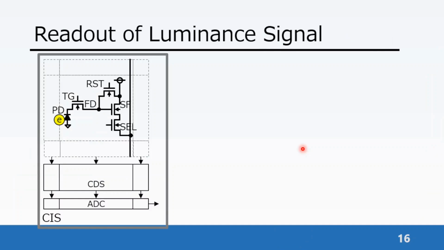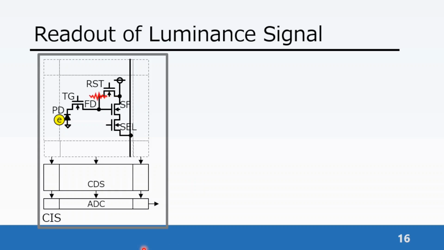Here, I'd like to explain how to read both the illuminate signal and reset noise. Typically, a CMOS image pixel consists of the photodiode, transfer gate, reset transistor, source follower, and select transistor. First, the illuminate signal is read out in the same way as in conventional CMOS image sensors.